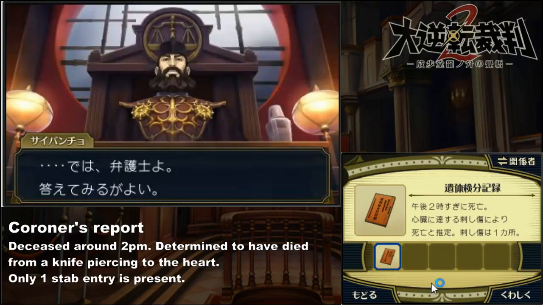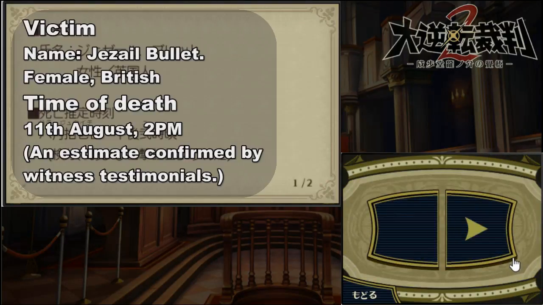Well, before we do that, let's look at the stuff. Okay, this is the coroner's report. Deceased around 2 p.m., determined to have died from a knife piercing to the heart. Only one stab entry is present. There we go. The name Giselle Bullitt, female, an English woman. Time of death, 11th of August at 2 p.m. An estimate confirmed by witness testimonials.